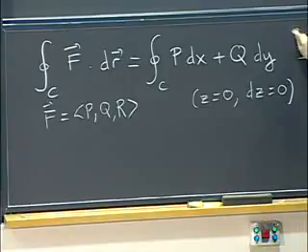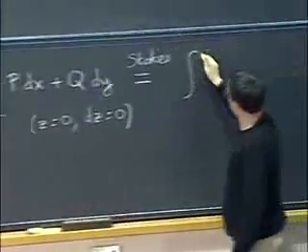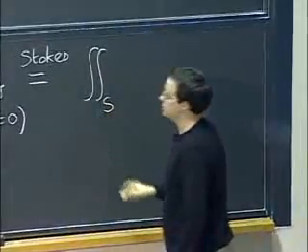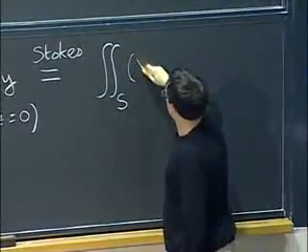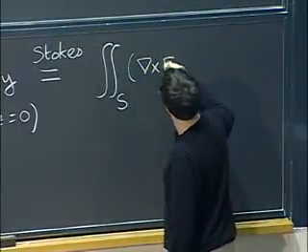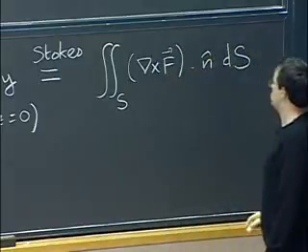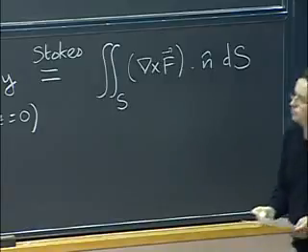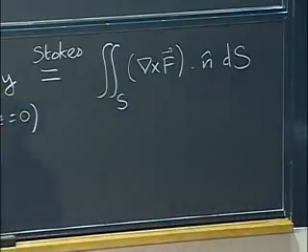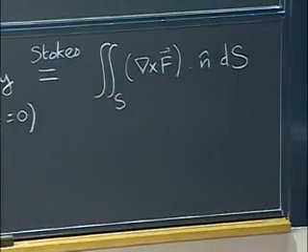Now let's see what Stokes says. Stokes says instead I can compute the flux through S of curl F, but now what's the normal vector to my surface? Well, it's going to be either k or negative k. I just have to figure out which one it is.